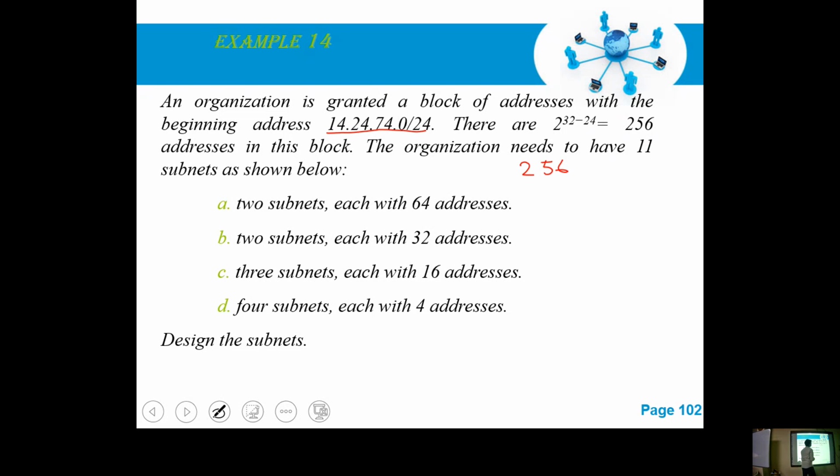Out of this 256, they are saying we need to make 11 subnets. 2 subnets each with 64: out of this 256, I need 64, 64. That is one group. 2 subnets each with 32: 32, 32. Then 3 subnets each with 16: 16, 16, 16. Then at the end I have 4 subnets each with 4.